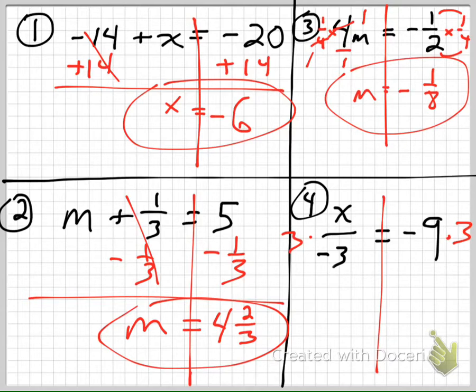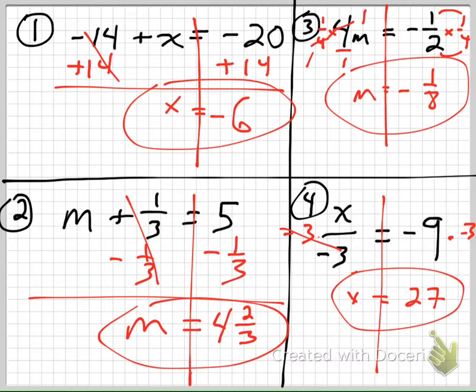Do I get to cross those out? No. All of a sudden this becomes -x equals -27. What do I have to do now? Multiply both sides by -1. It's just an extra step. Why not from the very beginning just multiply by -3 and multiply by -3, they're gone, x equals a negative times a negative. Makes sense?